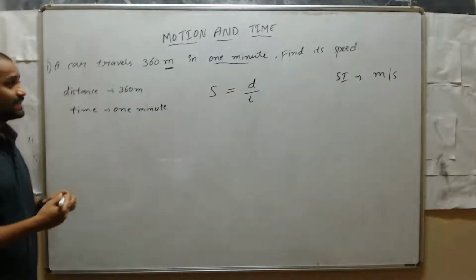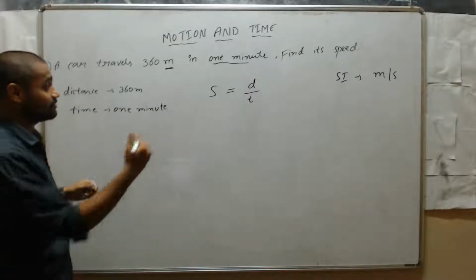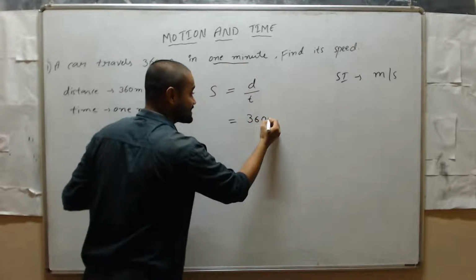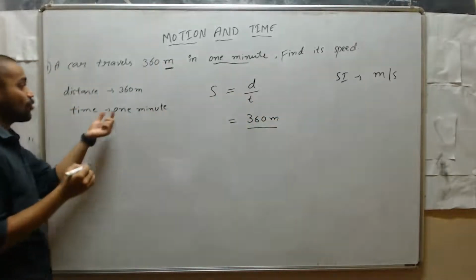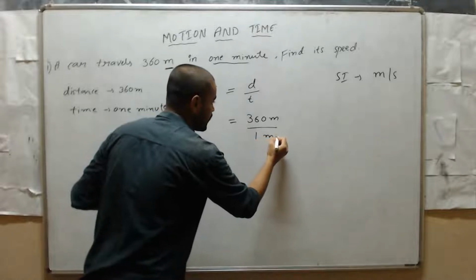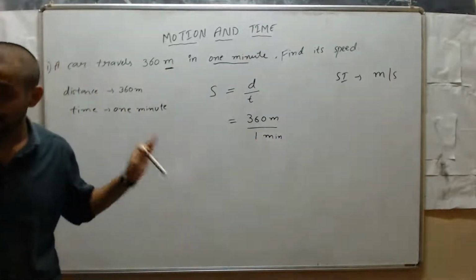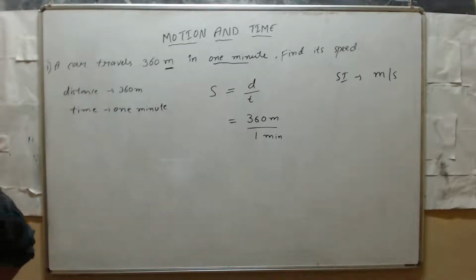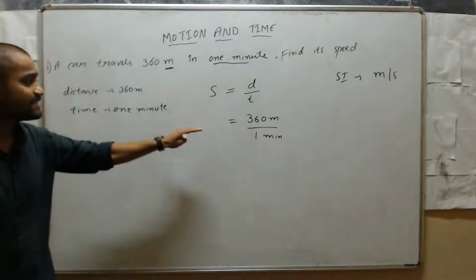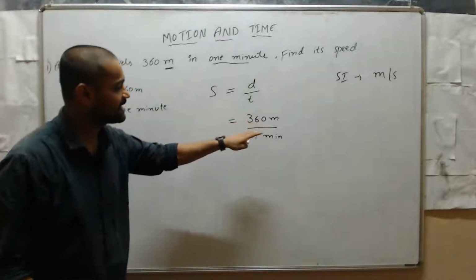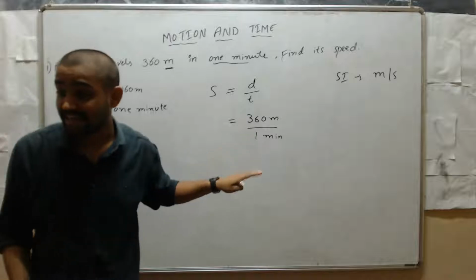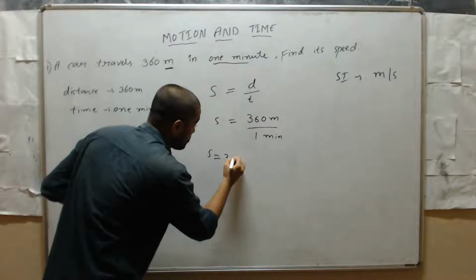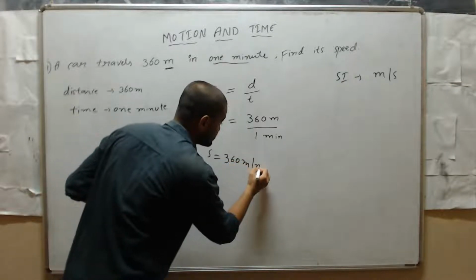Distance is 360 meter, divided by time, 1 minute. Is it correct? Or else we can say that speed is equal to 360 meter per minute.